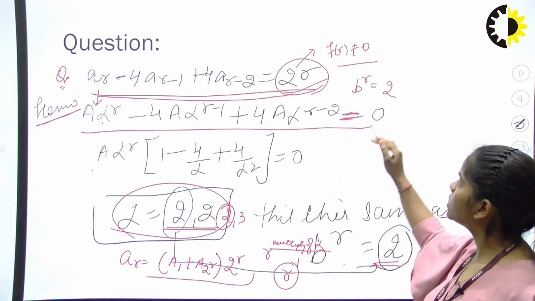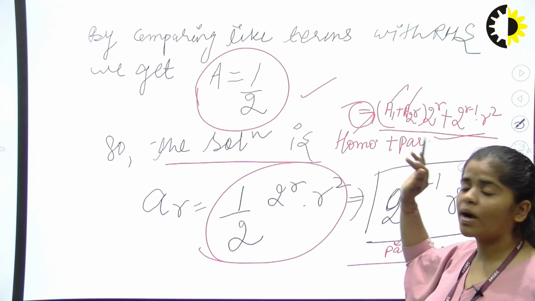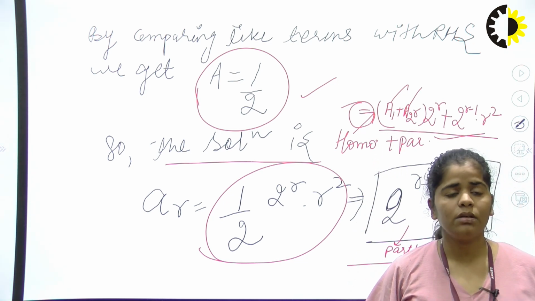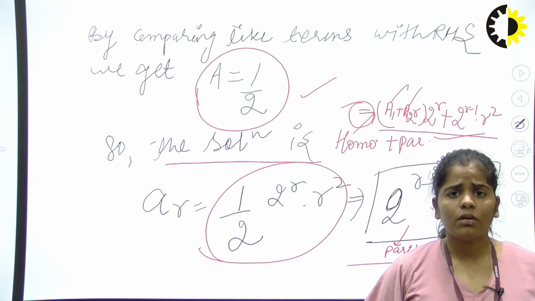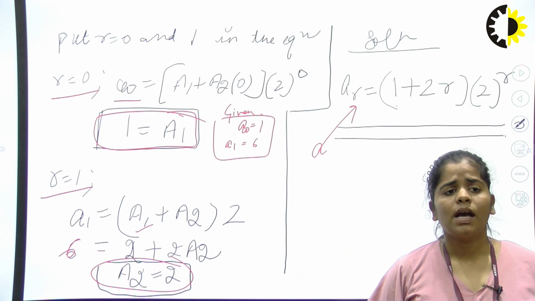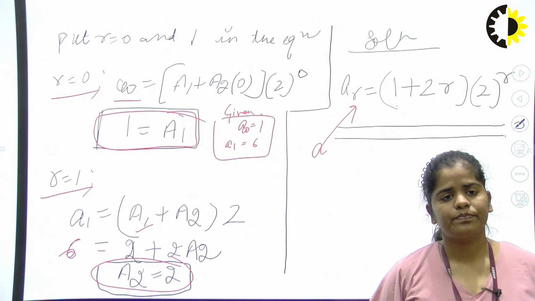In this question there is no boundary condition, so we skip it. No need to find A1 and A2 here. Okay, so this is the process of how to solve the non-homogeneous and homogeneous recurrence relation, right?